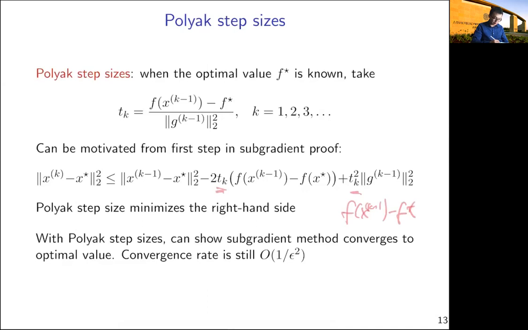We get 2 times f(x_{k-1}) minus f star, squared, divided by g_{k-1} squared.